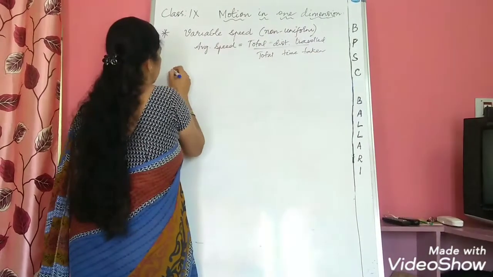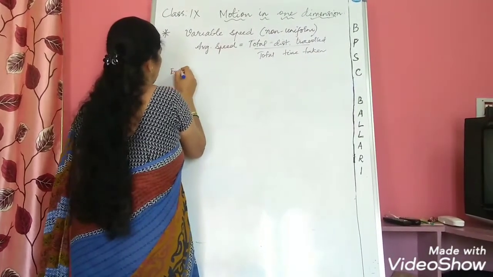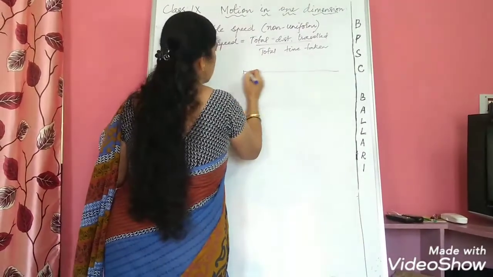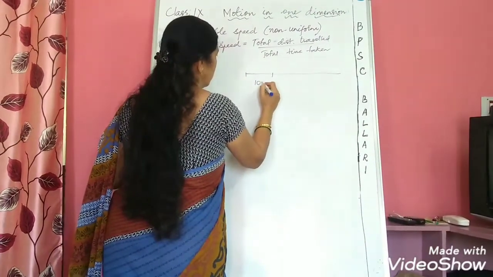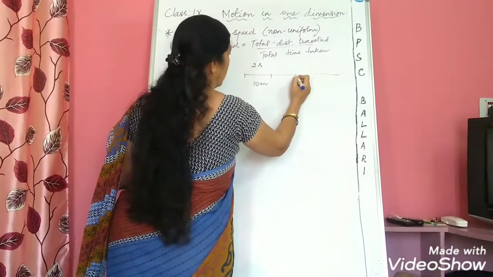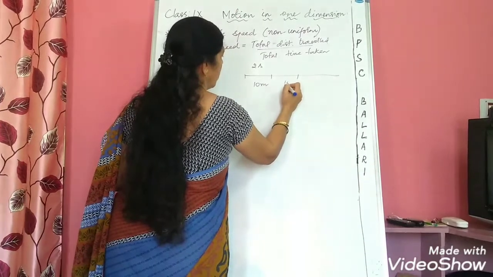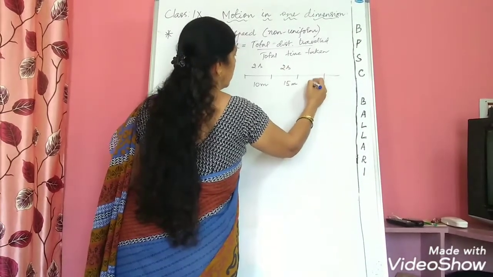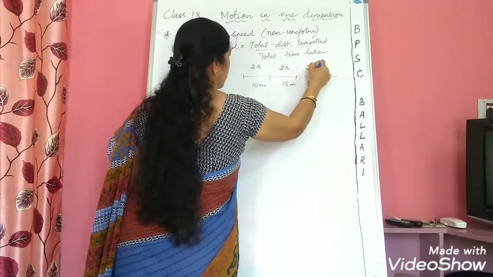Now, for example, as we have learnt in non-uniform speed, suppose the body is covering the first 10 meters in 2 seconds, the next 15 meters again in 2 seconds, and again 30 meters in 2 seconds.